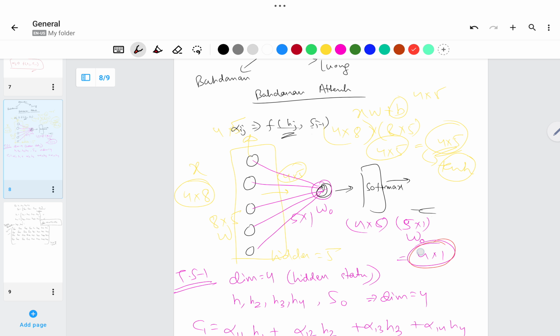So your 4 cross 1 matrix will be passed through a softmax layer. So you will get your alpha 11, alpha 12, alpha 13 and alpha 14. So all the input values of the attention inputs will be calculated. All the alignment scores will be calculated.